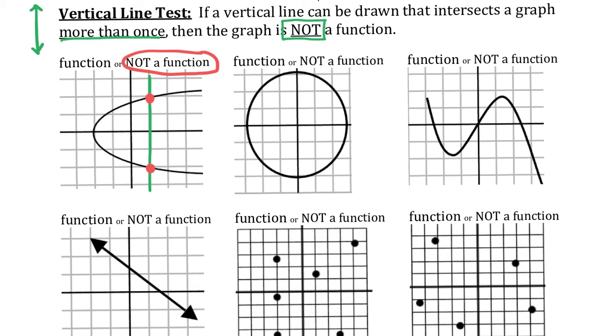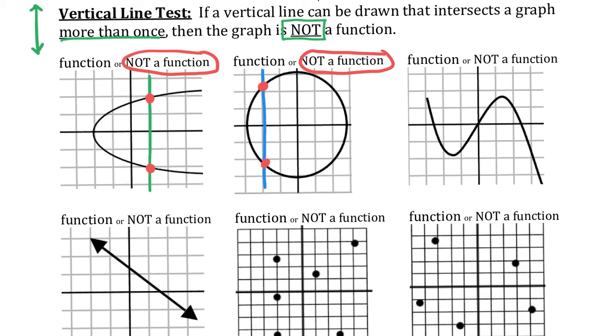Okay, so I'm going to go ahead and try the next one. The graph of this one is a circle. I'm going to draw a vertical line and I want to see if I can make that same vertical line intersect the graph more than once with the same line. So for example, if I drew it here, that one vertical line intersects the graph once, twice, meaning this is not a function. Okay, I'm going to look at this graph here.